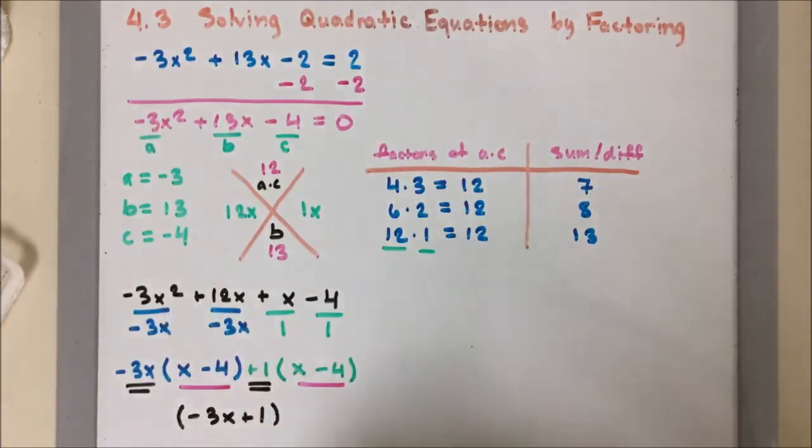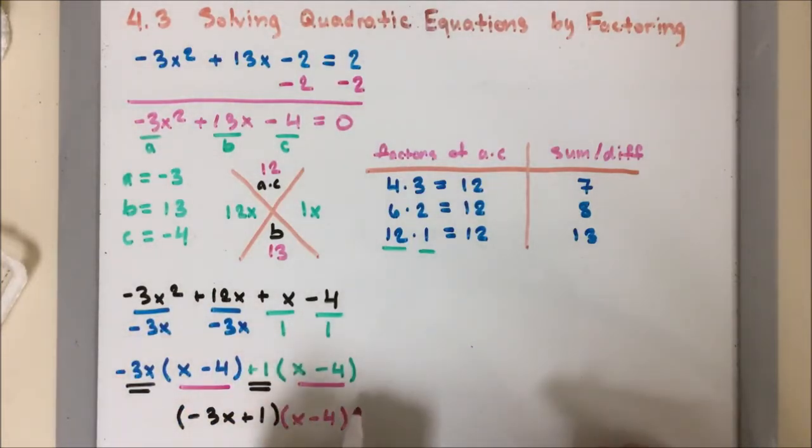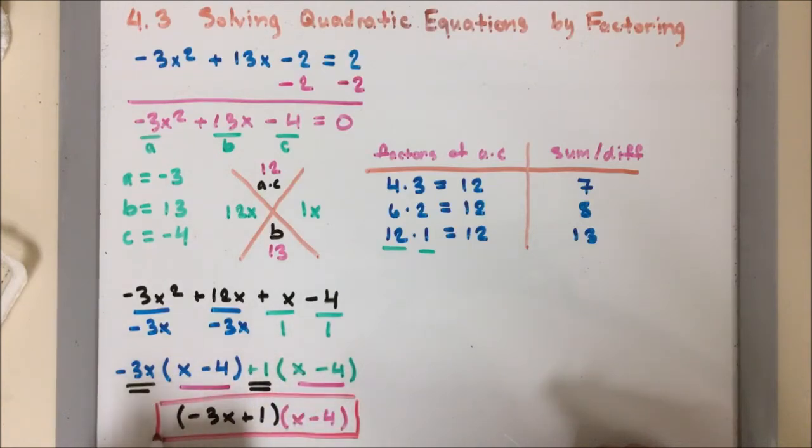And then I'm going to write my other set, x minus 4. So these are my factors. So I'm going to box this in red. So my answer in factor form is negative 3x plus 1 times x minus 4.